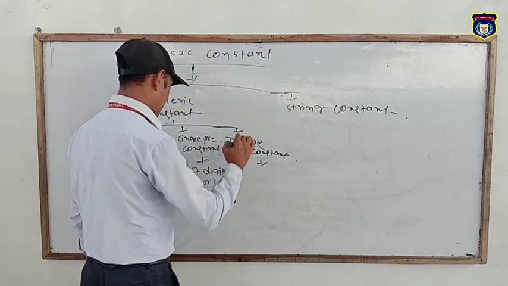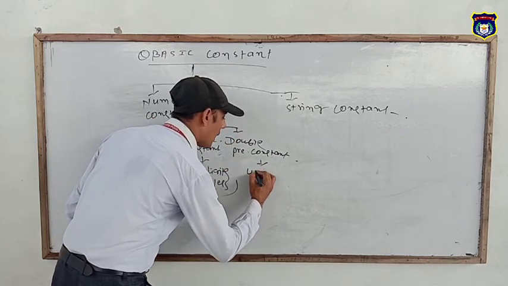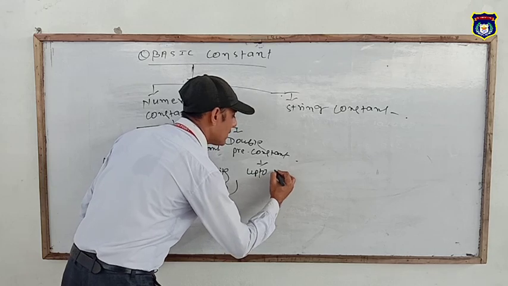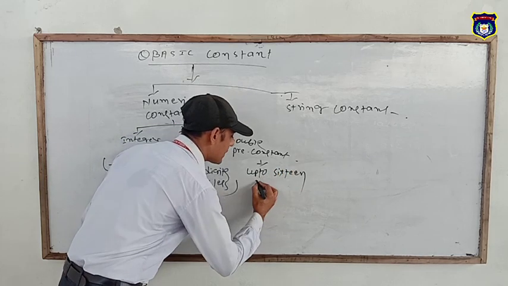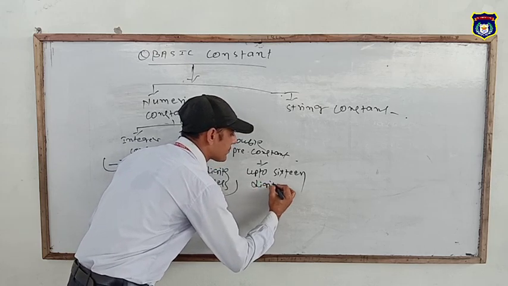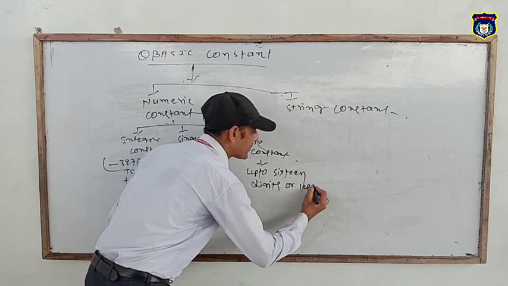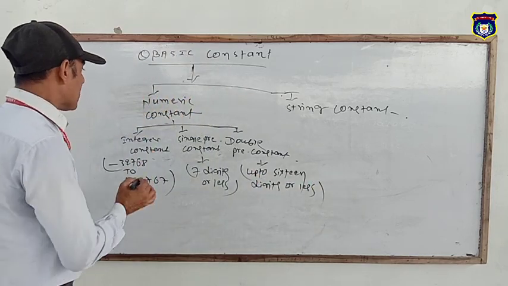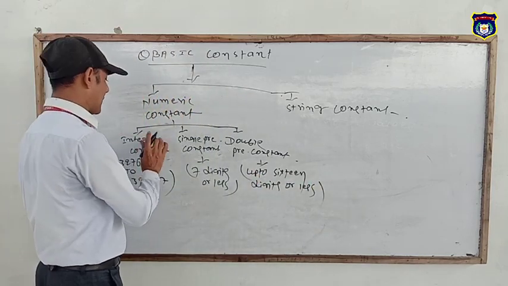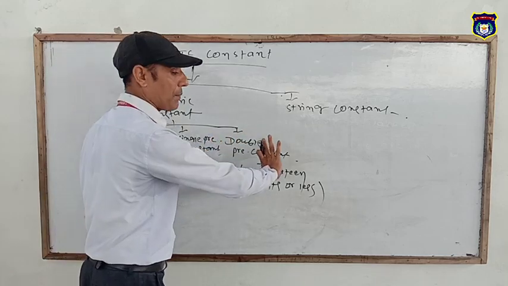The double precision constant can store up to 16 digits. Okay, the numeric constant is classified into three categories: integer, single precision, and double precision.